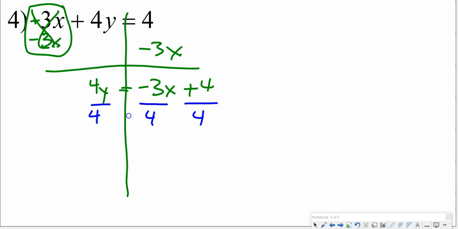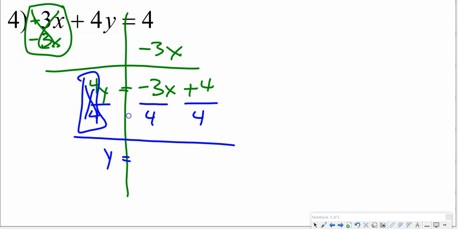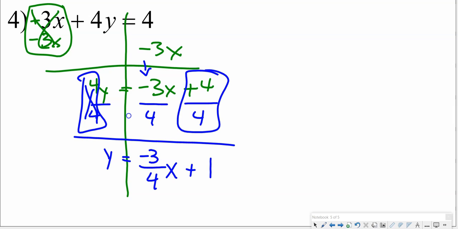Since it's 4 times y, we divide. 4 divided by 4 is 1. 1 times y is just y. We're going to leave this because it's got one negative. That's fine. And then we'll do 4 divided by 4 is 1. Don't put just 1. You must have that plus there, okay?